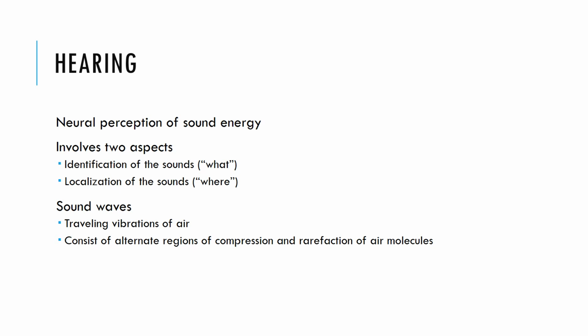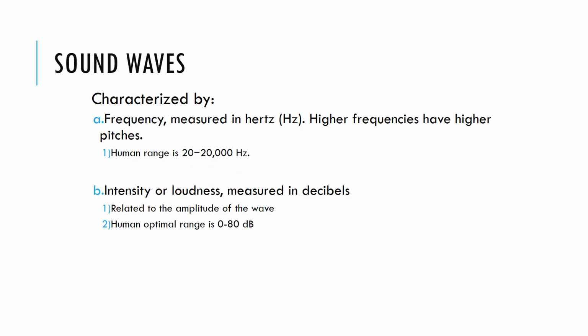Sound waves travel through vibrations of air, and this consists of compression and rarefaction of air molecules, which we'll get into now. Sound waves are characterized by frequency, which is measured in hertz. High frequencies have higher pitches, and for humans we range from 20 to 20,000 hertz.